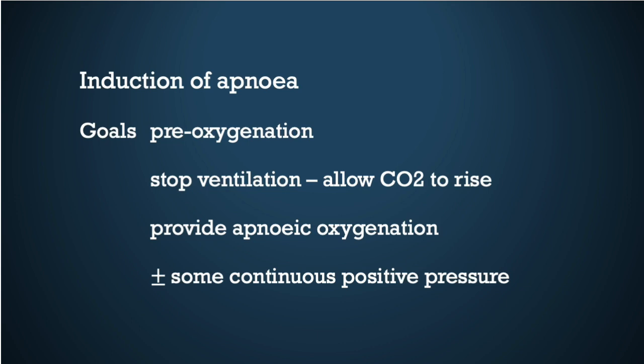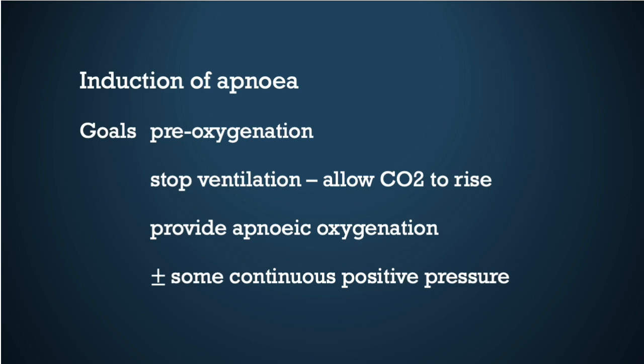But what you want now is for the CO2 to gradually rise so that it becomes a trigger for respiration. That is the goal of the apnea test. So you want to stop ventilating the patient, but provide supplemental oxygen at the same time because you don't want them to deoxygenate.